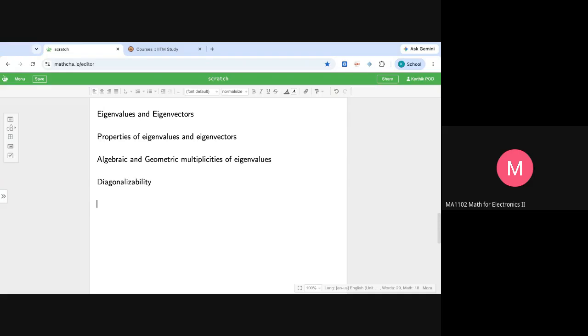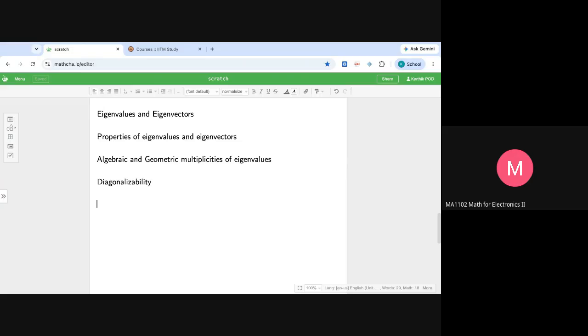Then there is the transition from R2 to Rn, which was a theme there, so we can generally talk about Rn.